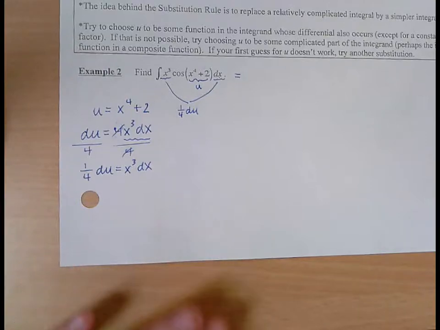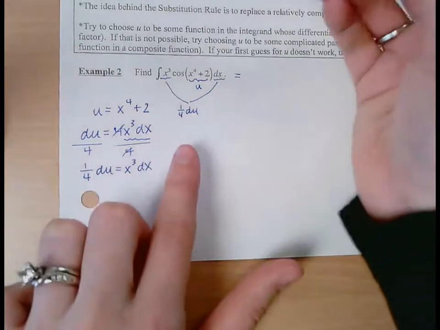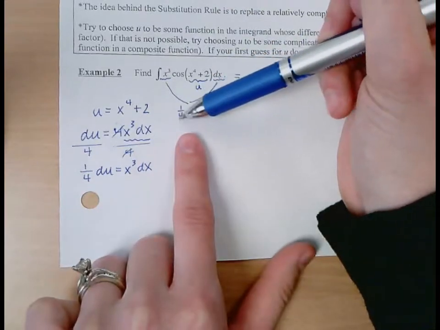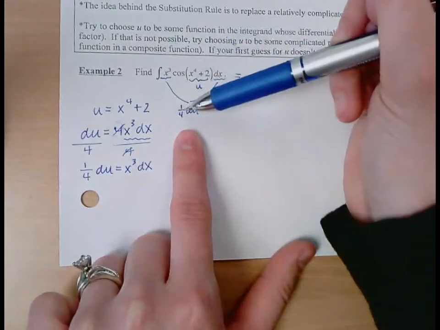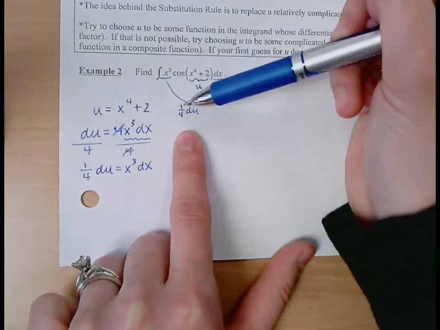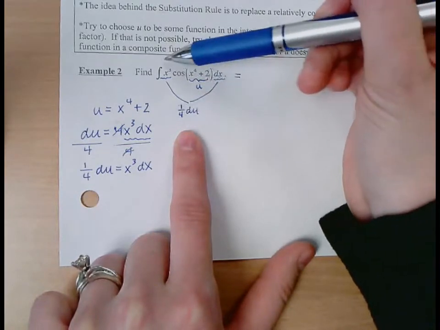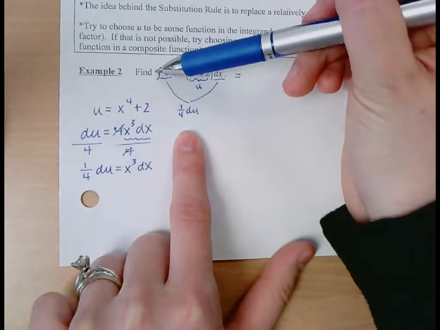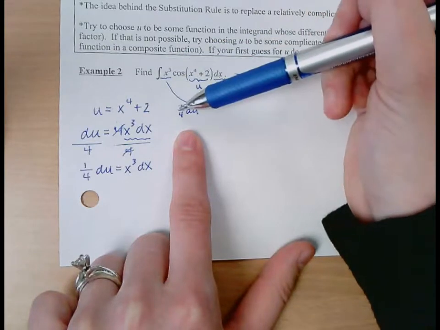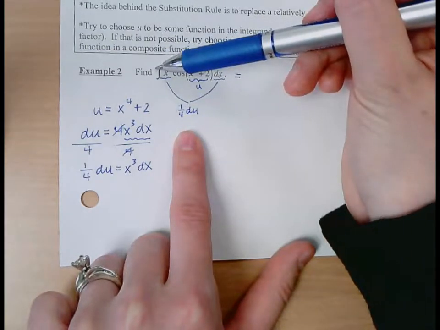I don't want to skip too many steps and confuse anybody, so please let me know if you're not sure what I'm doing. When you have a number like this with the du, that is really just a coefficient. It can immediately be put in front of the integral, because any coefficients can go out in front.